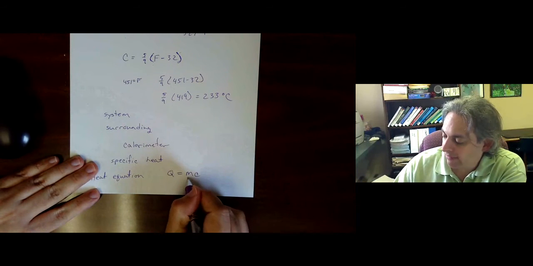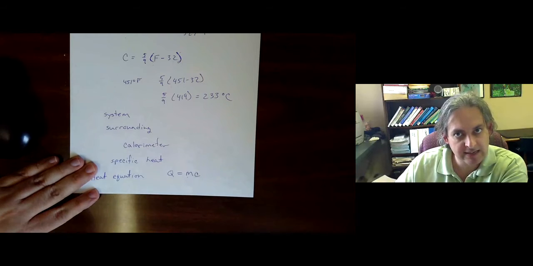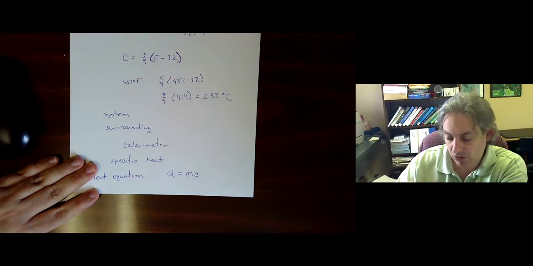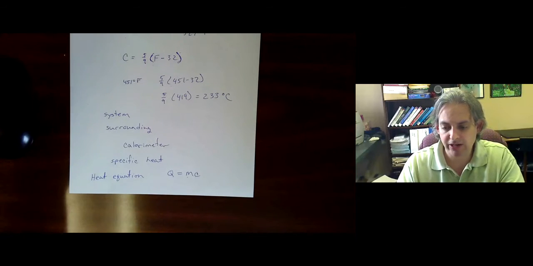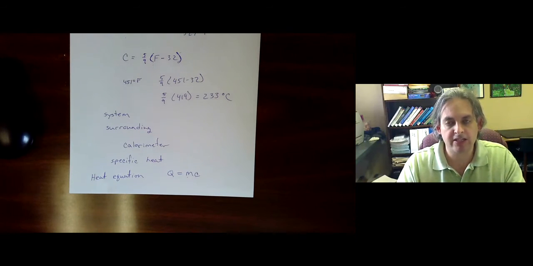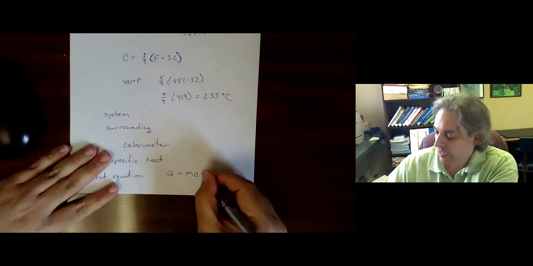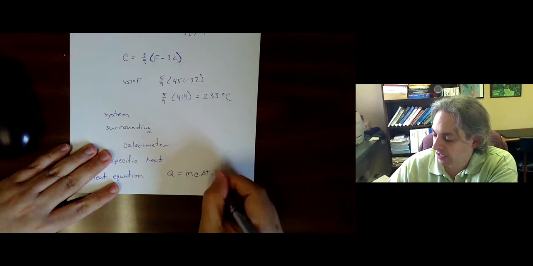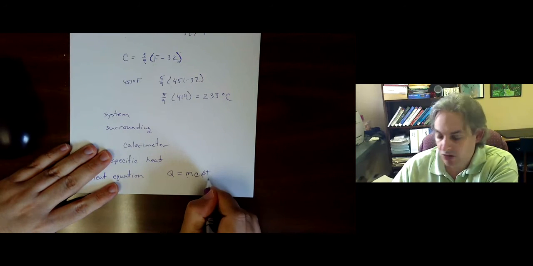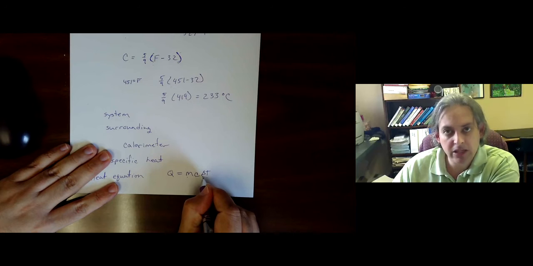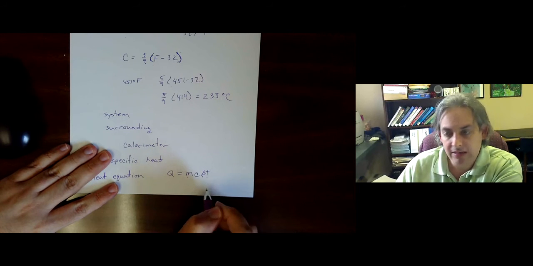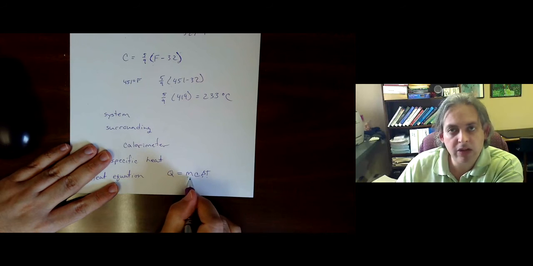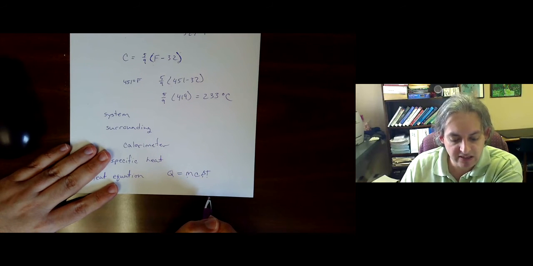Specific heat is inherent to the actual material. Whenever energy gets transferred from one object to another, there's going to be a change in temperature, represented by the symbol triangle T. This is actually the Greek letter delta, so we say delta T. And so Q equals MC delta T is what we call the heat equation.